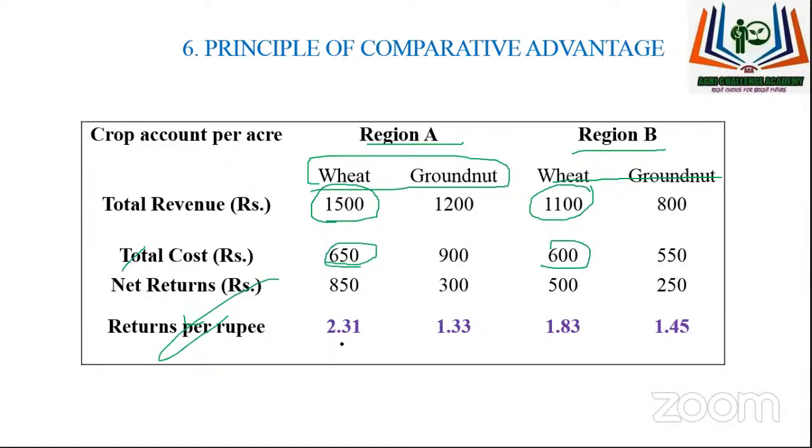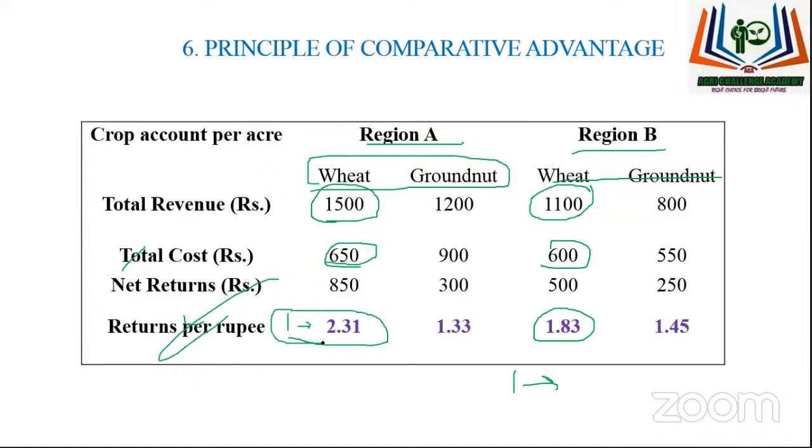Returns per rupee: 1 rupee of investment gives 2.31 here. Here 1 rupee of expenditure gives just 1.83. Here it is more than double: 1 rupee of expenditure gives 2.31 rupees.